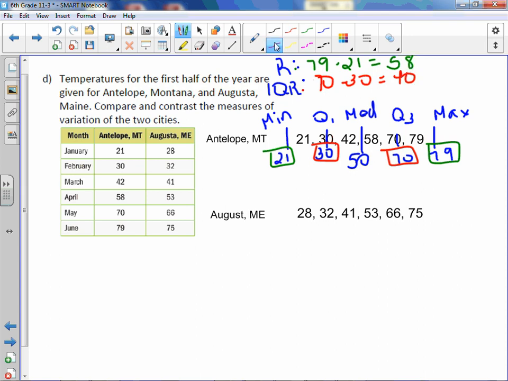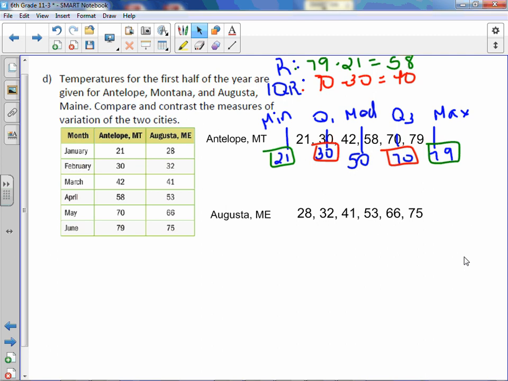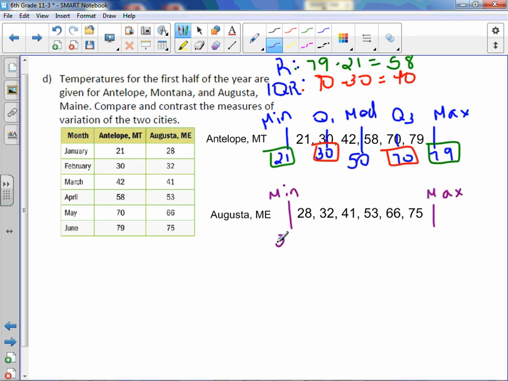Now let's move on to Augusta, Maine. Minimum and maximum, which is 28 and 75. Our median is in between two numbers, so add 41 plus 53 and divide by 2. We get 47. Our quartile 1 is this middle number over here, which is 32.